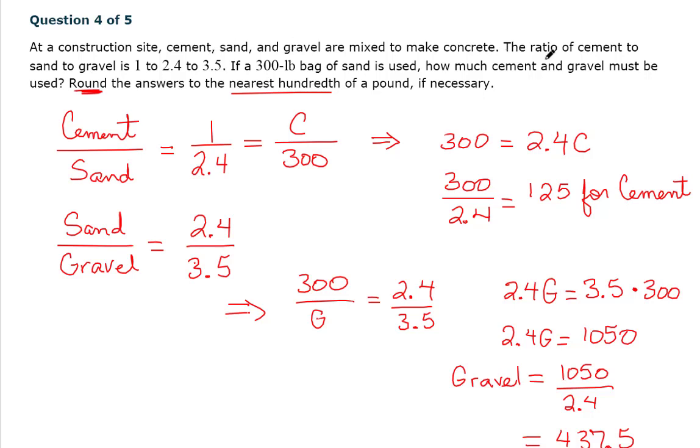And the ratio, see this word ratio, of how this works out is cement to sand to gravel is 1 part cement to 2.4 parts sand to 3.5 parts gravel.